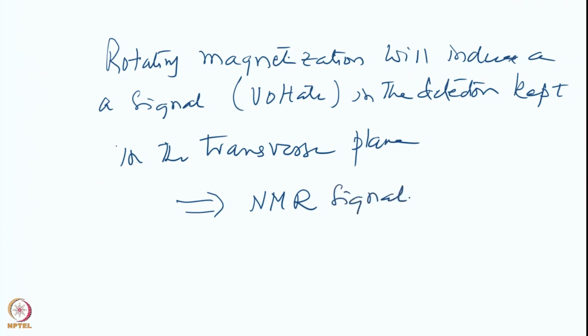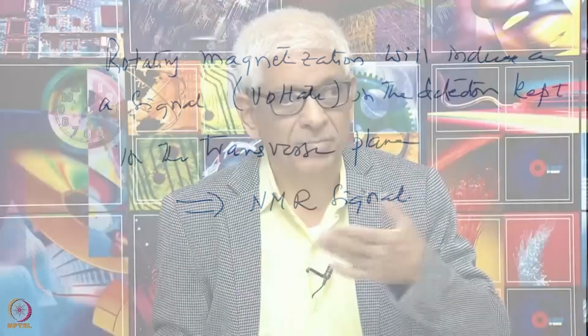So, you see we saw how an NMR signal is observed. The quantum mechanical picture told you that if you supply energy it will lead to absorption of energy. What does absorption of energy mean? It means the magnetization which was along the z axis in the absence of the RF will tilt away from the z axis and create some transverse magnetization.